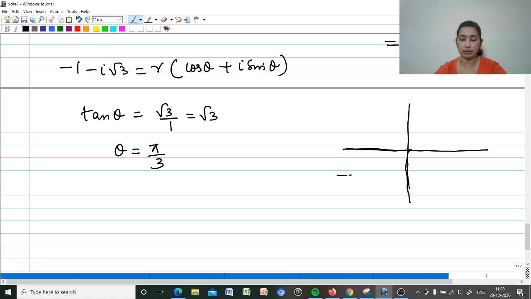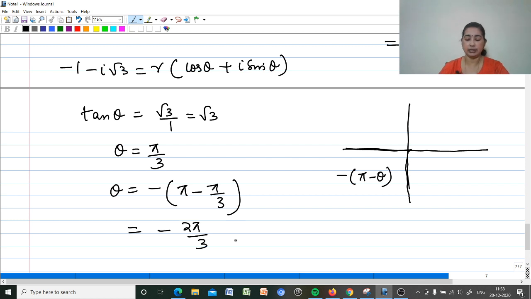So we have to take the angle theta as minus of pi minus theta. So theta can be written as minus of pi minus theta, that is pi minus theta is pi by 3. So that is equal to minus 3 pi minus pi, 2 pi by 3.